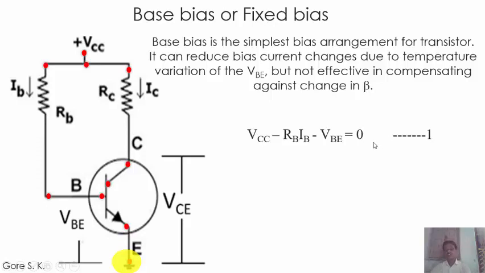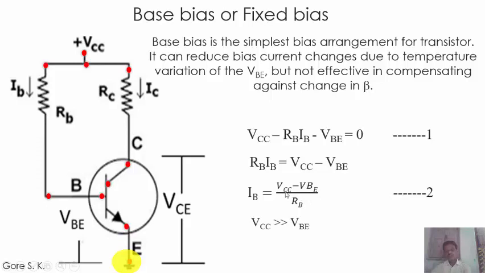Now from this equation we can write RB into IB is equal to VCC minus VBE. Therefore, from this equation, we can find the value of IB, and the value of IB is equal to VCC minus VBE divided by RB.